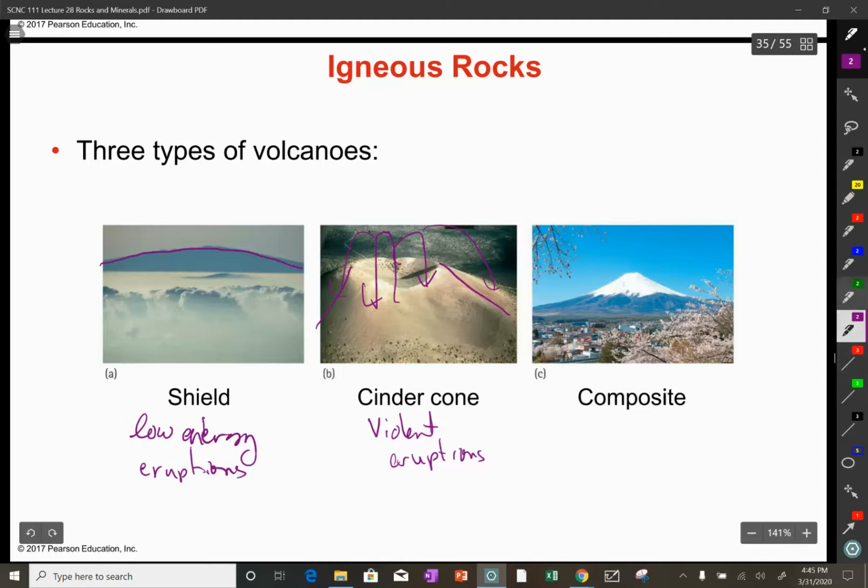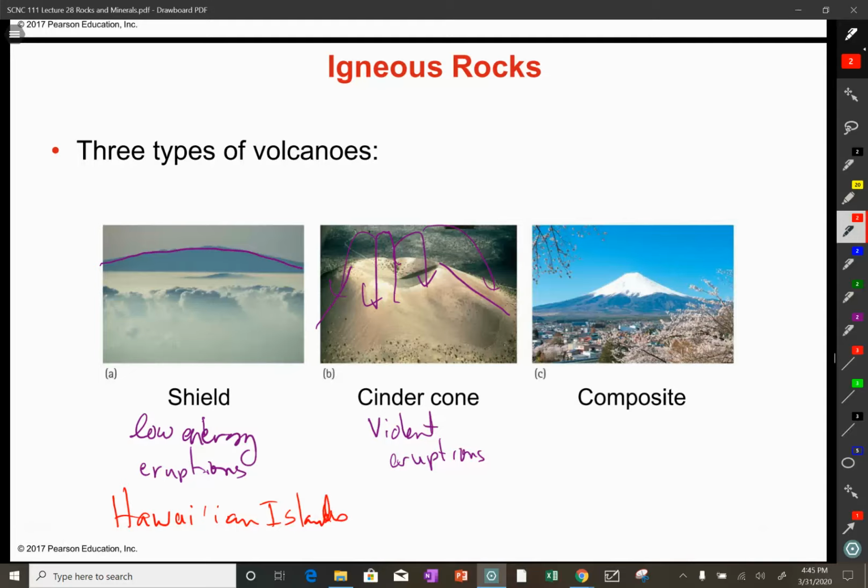And a good example of a shield volcano is the Hawaiian Islands. The Hawaiian Islands are the result of a hot spot where you have a hole in the crust where magma from the mantle comes up and just flows out and oozes.